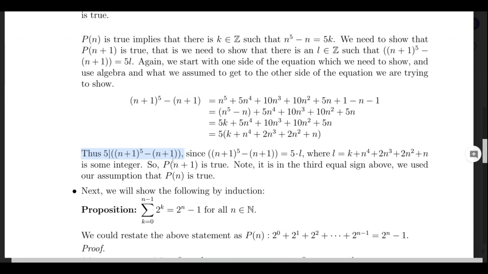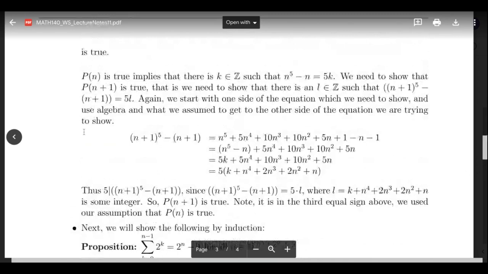So the conclusion is 5 divides n plus 1 raised by 5 minus n plus 1. Which is the Q statement we prove. So which means P of n plus 1 statement is true.